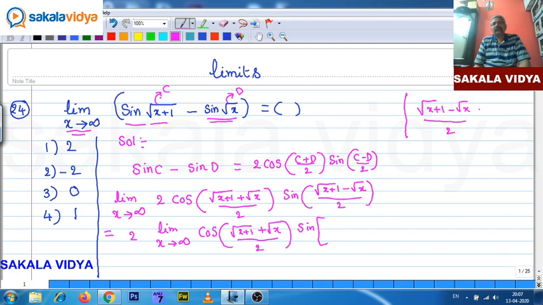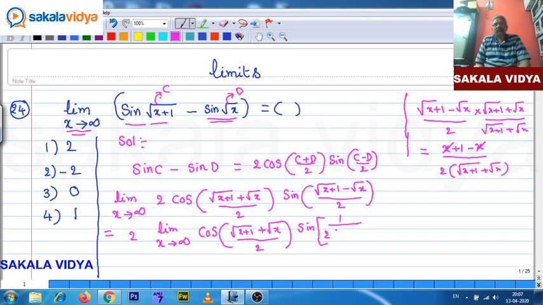This can be rationalized like this: multiply by (root of x plus 1 plus root x) by (root of x plus 1 plus root x). Now a minus b into a plus b gives a squared minus b squared: (root of x plus 1) squared is x plus 1, minus (root x) squared is x, by 2 times (root of x plus 1 plus root x). The 1 remains, so instead of this we can write 1 by 2 times (root of x plus 1 plus root x).